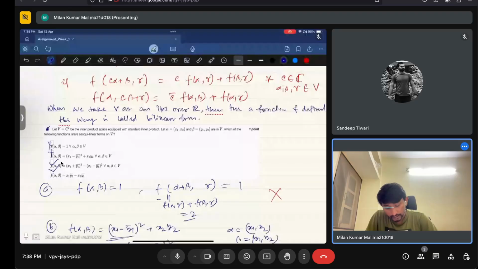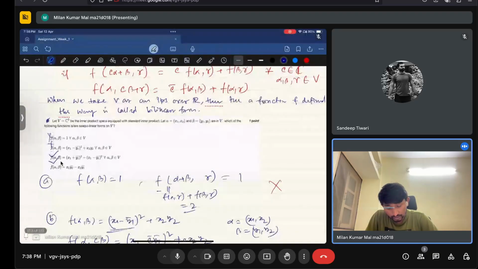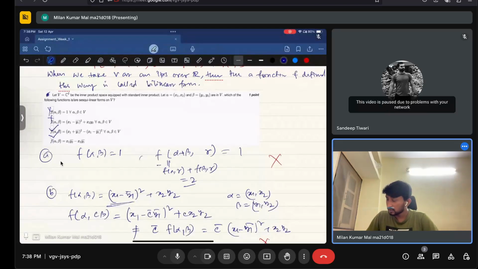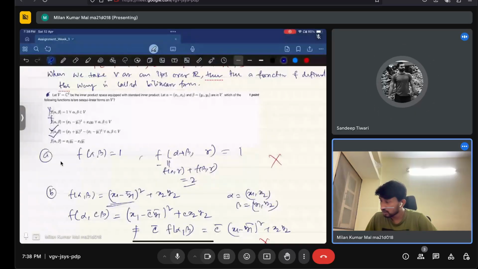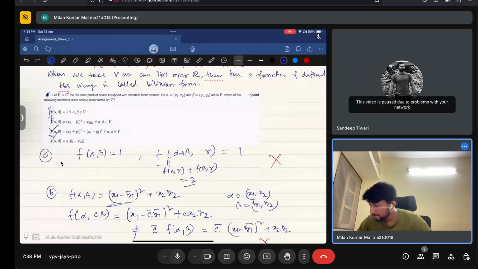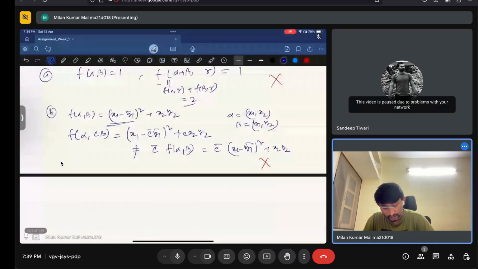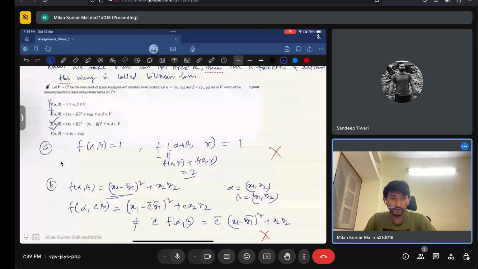What about the third option? F alpha beta is equal to x1 plus x2 square minus x1 minus x2 square. Option C is correct, you are saying? Yes, sir. I think option C is not correct. Sir, expand it, by the formula A square minus B square. Yeah, right. That is actually 4AB, right?